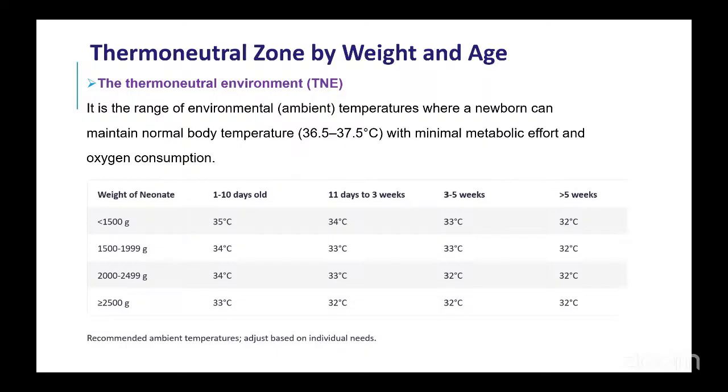So minimal metabolic effort and less oxygen consumption. Usually the smaller the baby, the higher the ambient temperature required to maintain the body temperature. Slightly higher in the initial 1 to 10 days, then the required temperature becomes less.